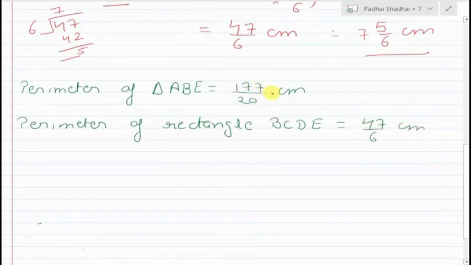Now for comparing both of them we need to make the base same. Here 20 and 6, so we will again have to take the LCM of 20 and 6, as we have to compare both of them.